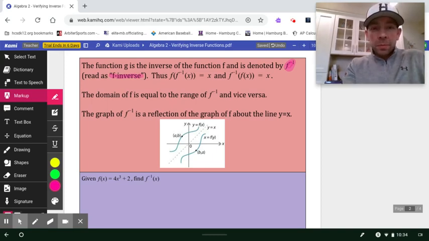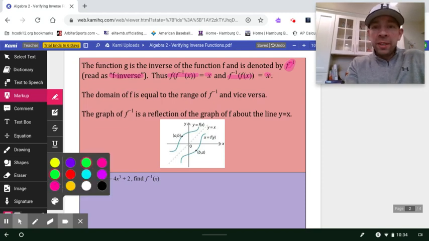So instead of saying f of g of x, we're going to say f of f inverse of x has to equal x. And then we'll flip it around and say f inverse of f of x has to equal x. These are two really nice statements that we want to pop in your notebook.